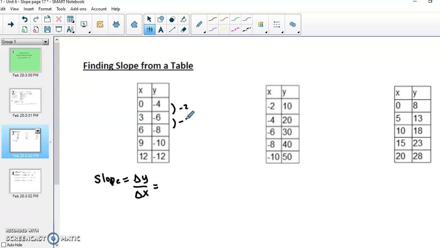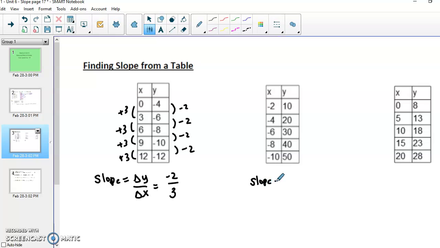Down 2, down 2, down 2, down 2. How about x? Up 3, up 3, up 3, and up 3. You really don't have to write that every time. So slope is very simple. It's the change in y over the change in x. Negative 2 over 3.